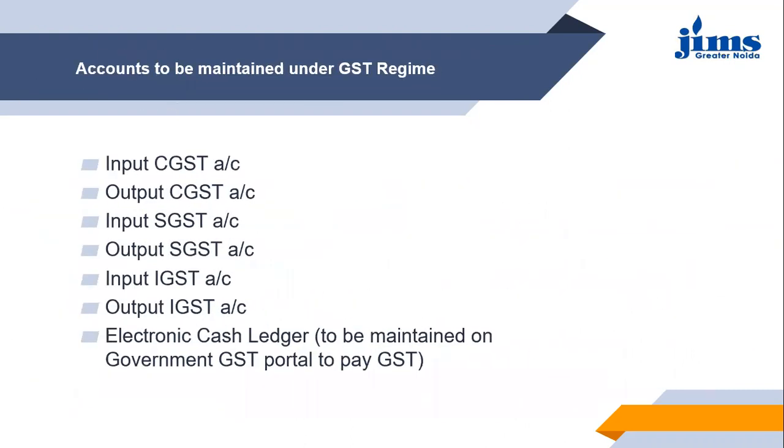Then next it talks about the accounts to be maintained under the GST regime. As you all are commerce students, you know very well that under ledger accounts we prepare different specific accounts in reference to the journal entries that we do for the business.